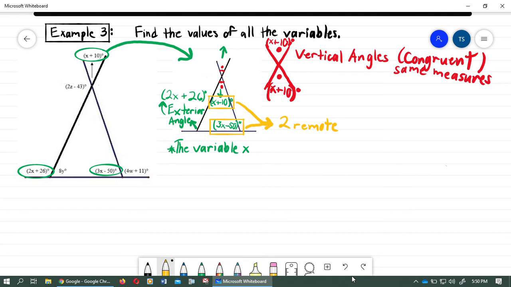And we should know what the relationship is between that exterior angle, the 2x plus 26, and these two remote, or opposite, interior angles.